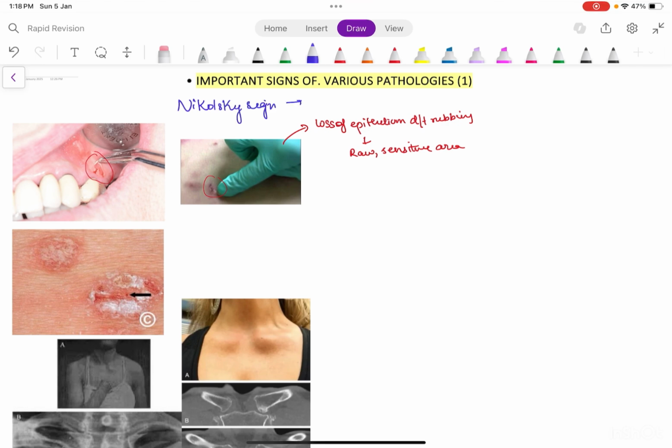Very important, in which lesions is Nikolsky sign positive? Pemphigus, familial benign chronic pemphigus, and epidermolysis bullosa recessive form.